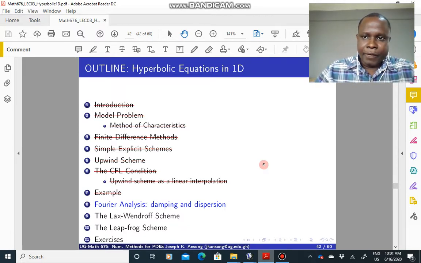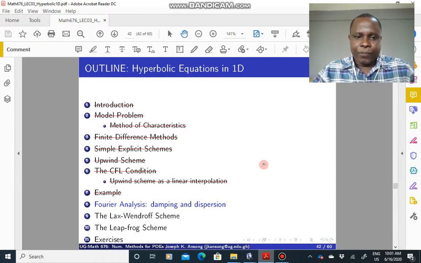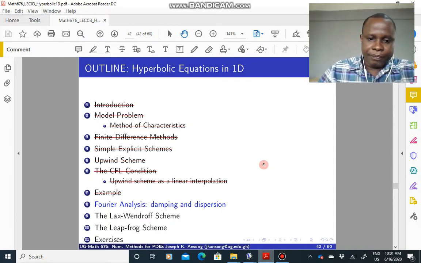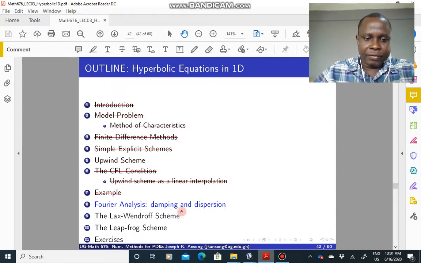So we want to analyze that to understand why there's damping in the Upwind scheme and why there's dispersion also going on. Then we'll move on to the last bit, which is the LEC16 scheme as well as the leapfrog schemes.